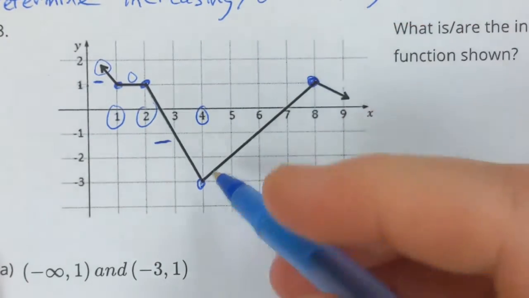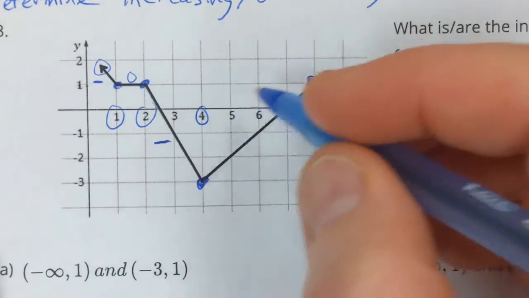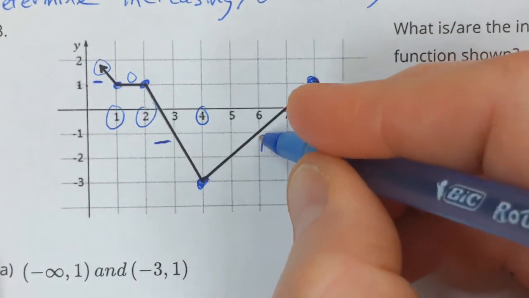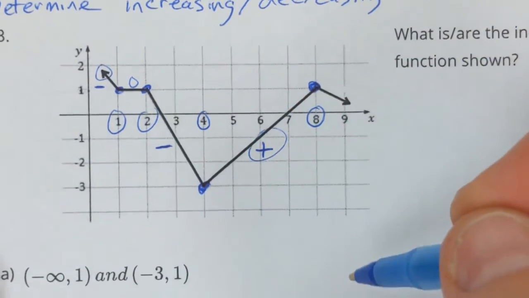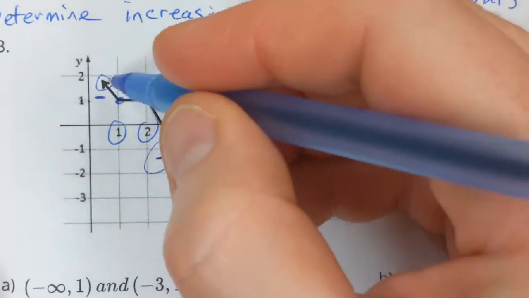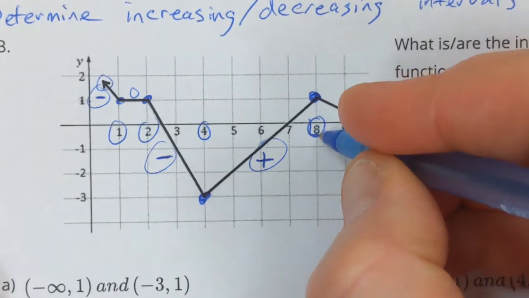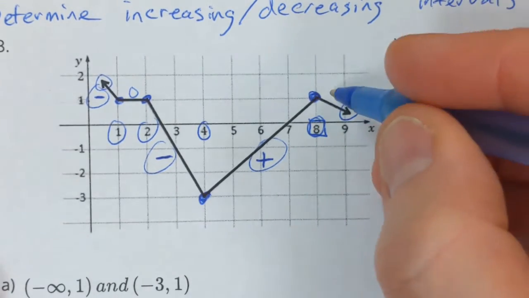If you look at this graph, this is the only time on the graph that we can see where the graph goes up. And this would be from 4 on the x-axis to 8 on the x-axis. This is a major uptick. That's the only time the graph goes positive. I'm going to circle these positives and negatives. Okay. And then lastly, from 8 until this little arrow here, once again, it's going down again.